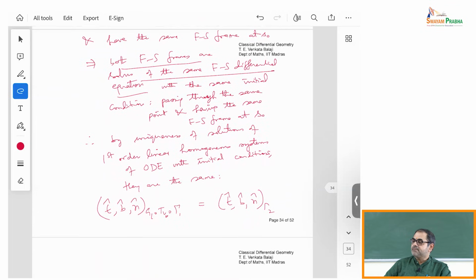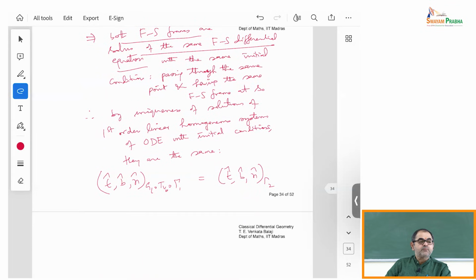From this you will actually get gamma 2. Let me write this as one line.